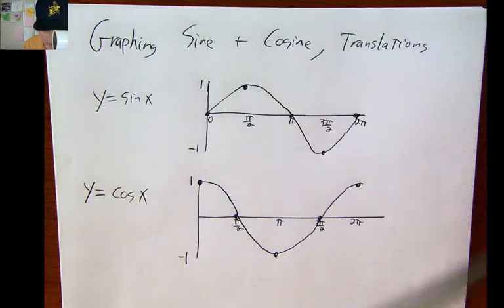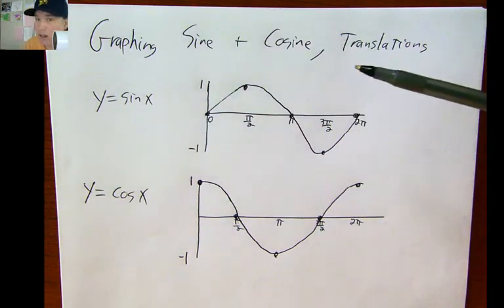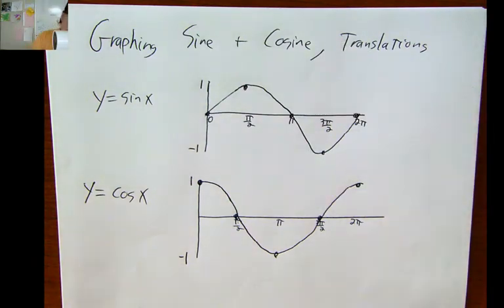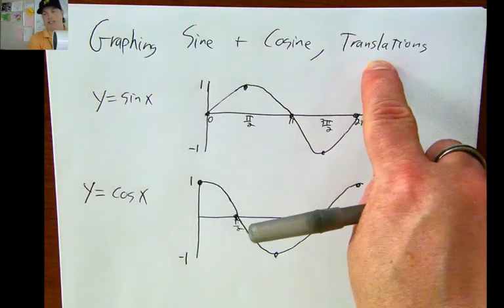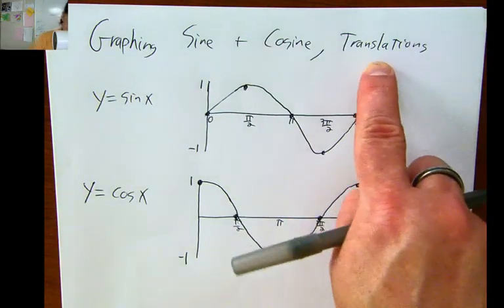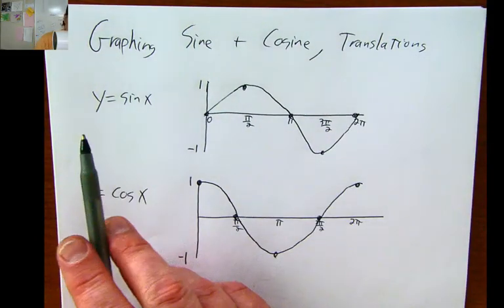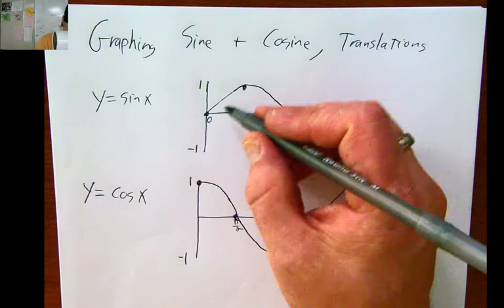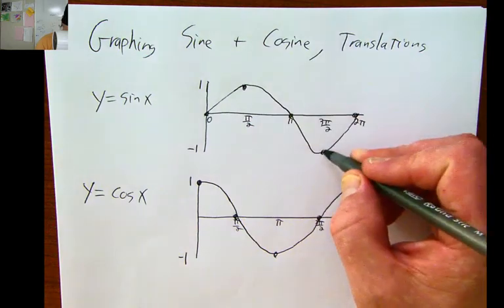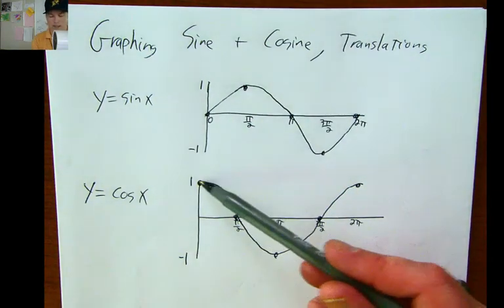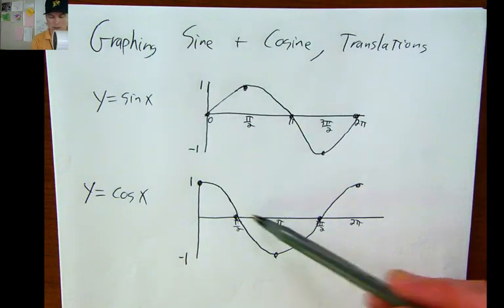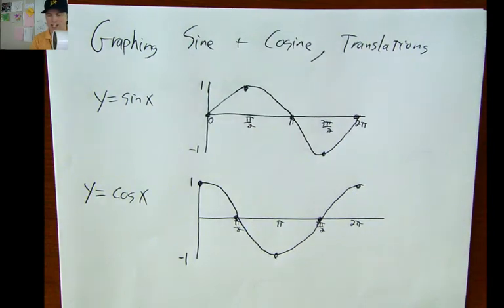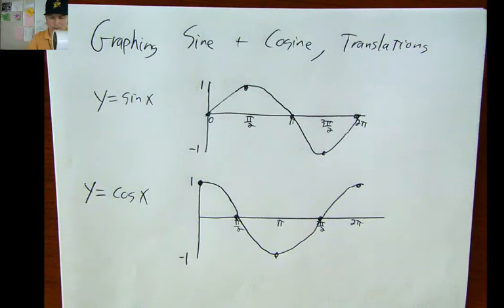Today we're going to be graphing sine and cosine, focusing in on just doing translations. And a friendly reminder, a single period of sine looks like this, a single period of cosine looks like this. There are 5 points of importance for each, whenever the graph is at a maximum, at a minimum, or at an x-intercept, or just an axis point.